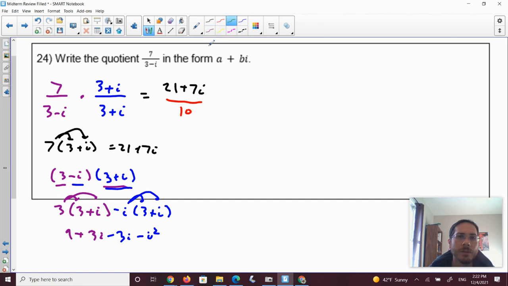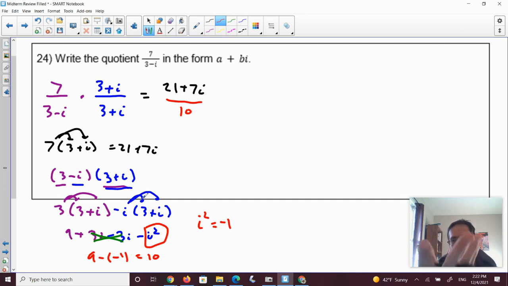These will cancel out. We said i squared is always going to turn into negative 1. So this is going to become 9 minus negative 1, which is 10. So again, we can just get the 10 the long way.